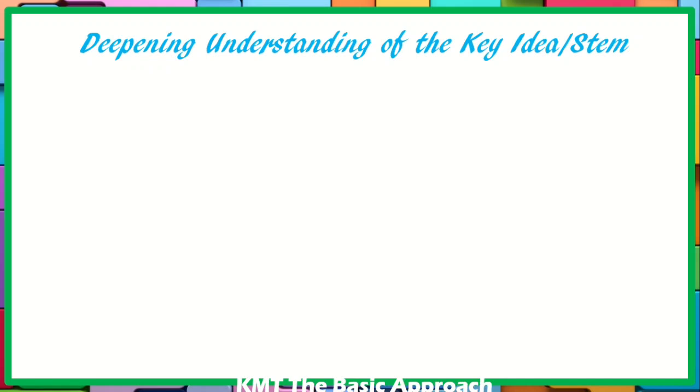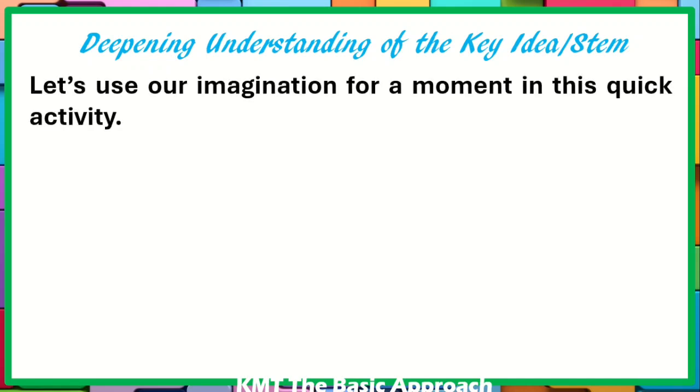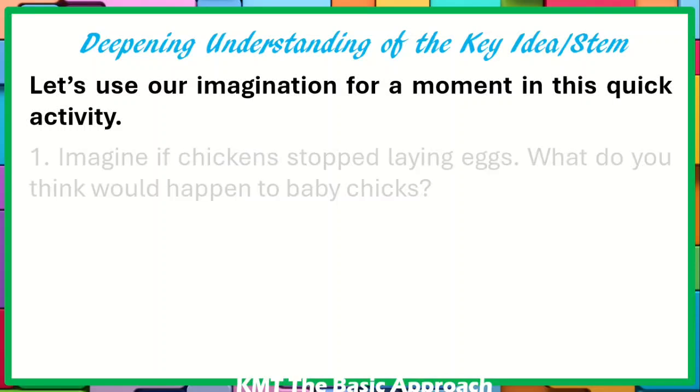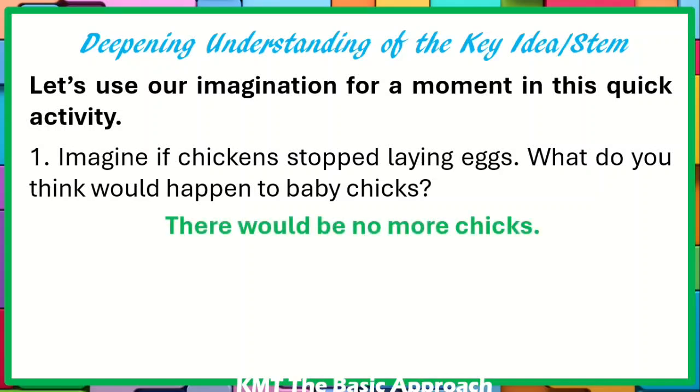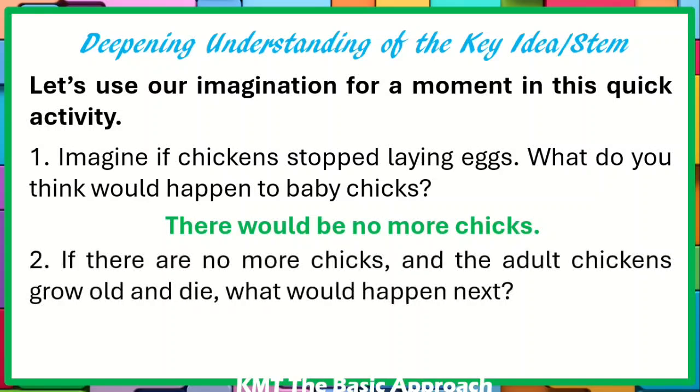Deepening understanding of the key idea or STEM. Let's use our imagination for a moment in this quick activity. Number 1. Imagine if chickens stop laying eggs. What do you think would happen to baby chicks? Very good. There will be no more chicks. Number 2.